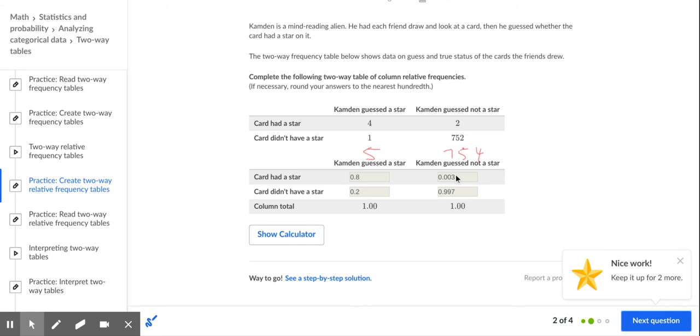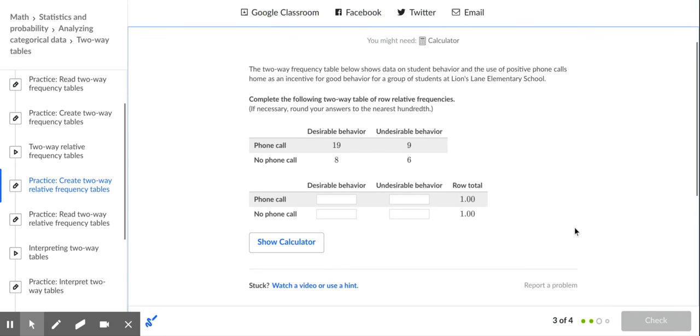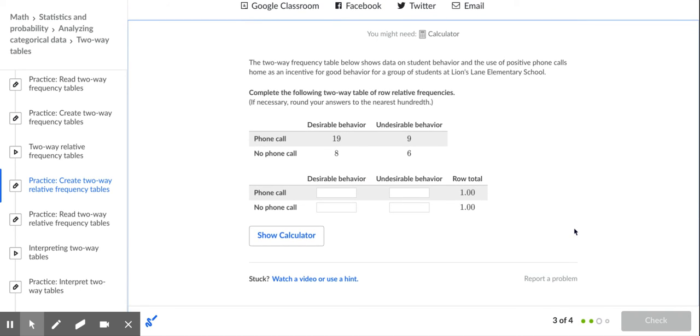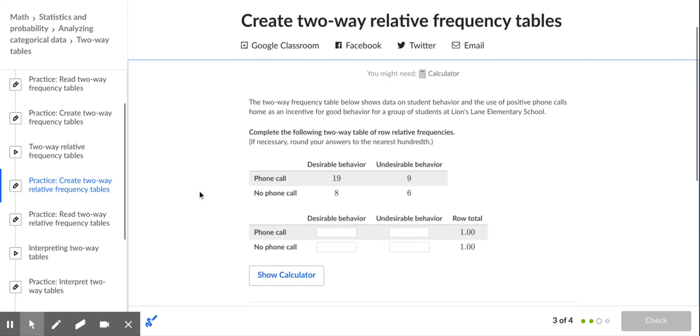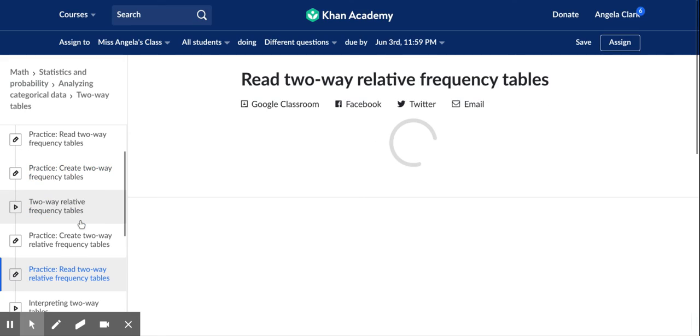It would be wrong to put 0 there because it's not like it happened 0 times. Okay, glad I did that example. Yeah, and so then this would just be the same thing. All right, so that is creating two-way frequency tables. So let's talk about reading them.